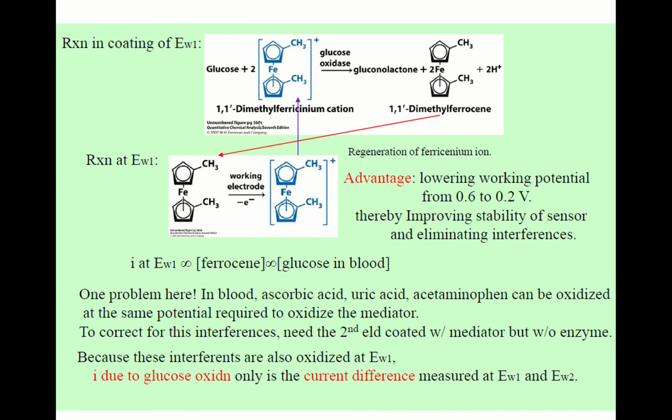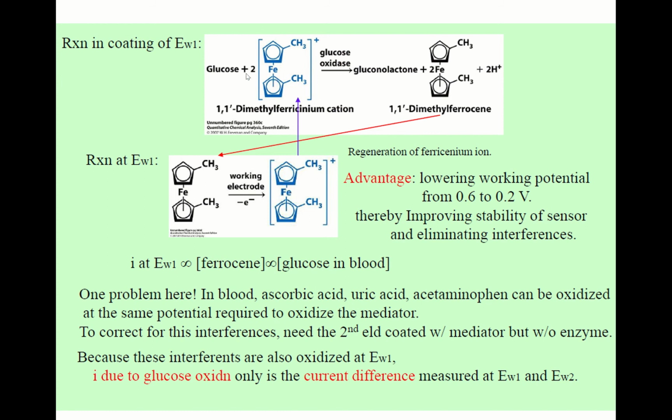Now this glucose is oxidized by glucose oxidase to gluconolactone, and in this process electrons are produced.